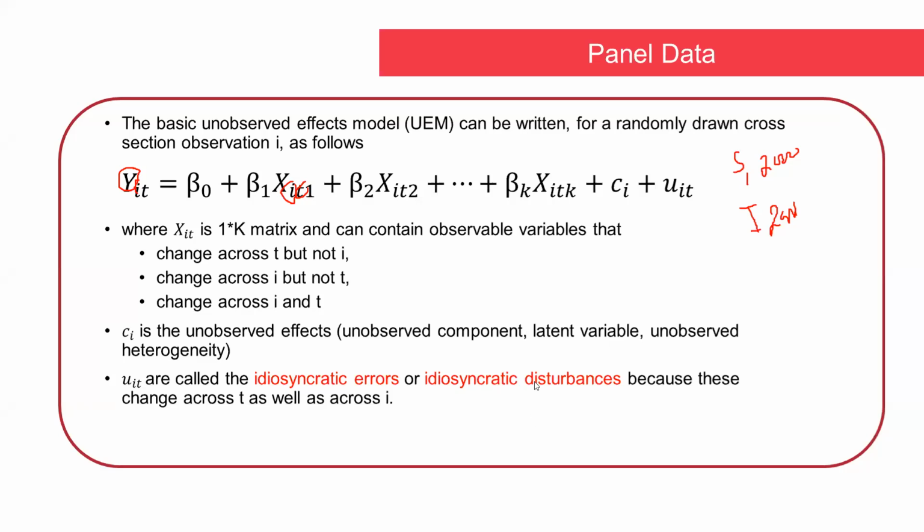Right, before moving to the example, I thought to discuss another important thing with you. As I mentioned earlier, here we have the dependent variables, then the explanatory or independent variables, and also here c_i means the unobserved effect.